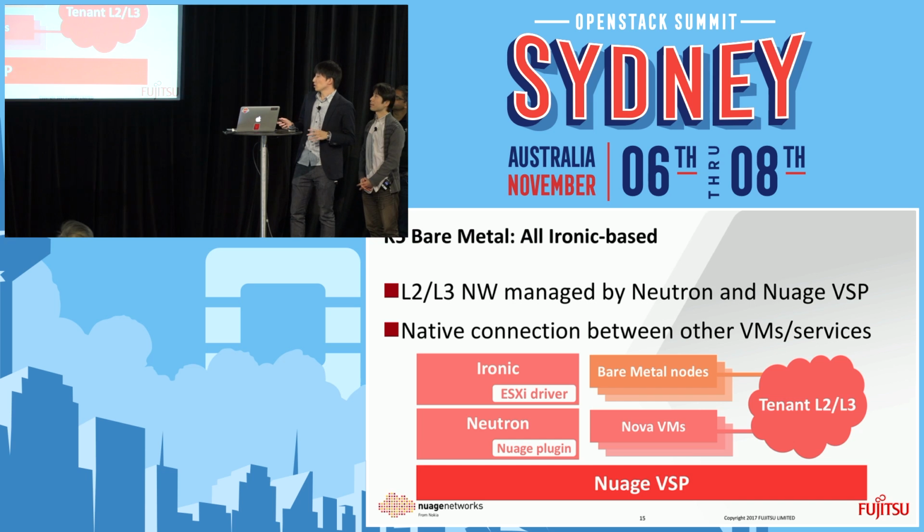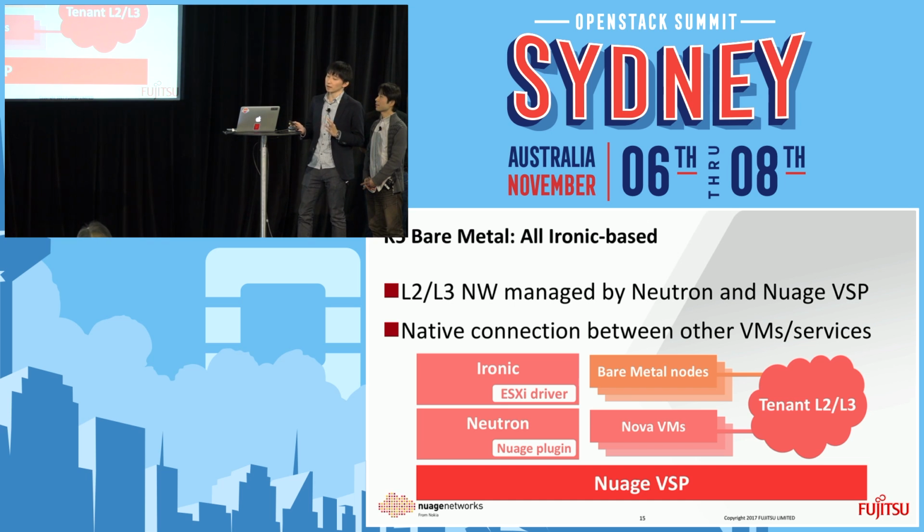Our Ironic-based service means the Baremetal service is connected to other OpenStack services in the native OpenStack way, like Nova and Neutron and so on. And thanks to Nuage VSP technology, Baremetal servers and VMs share the same L2 or L3 networks, so they can communicate to each other directly.